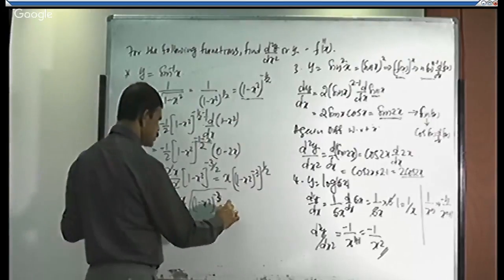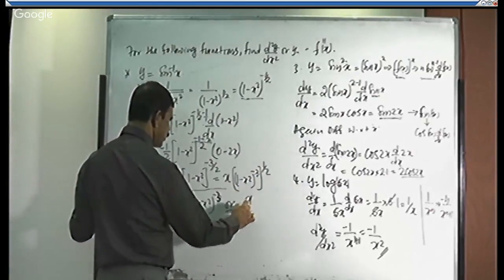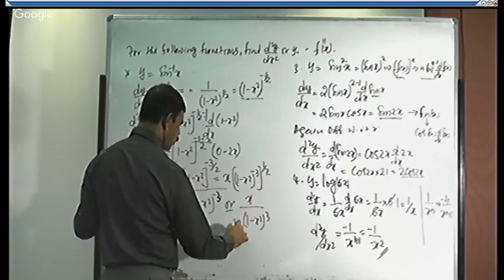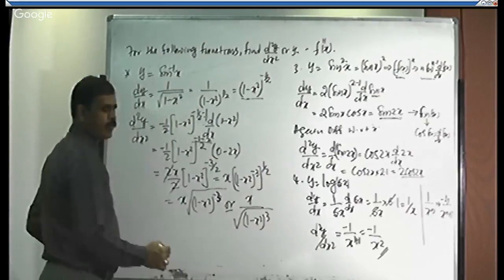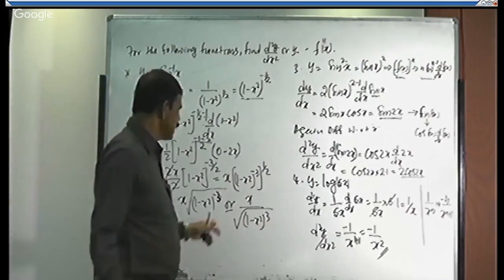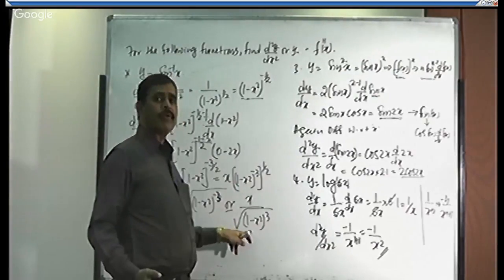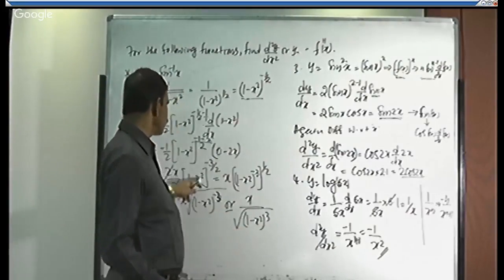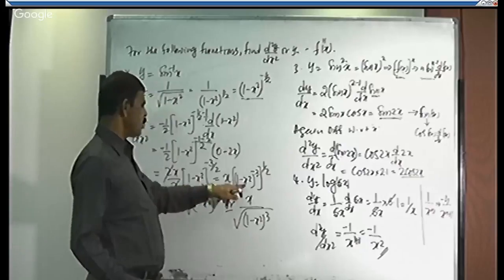Otherwise, you can also write it like this: x divided by 1 minus x square whole cube root. This is d square y by dx square. So if they want proof, till that you have to simplify it. Otherwise, you can stop at this stage or at this stage.